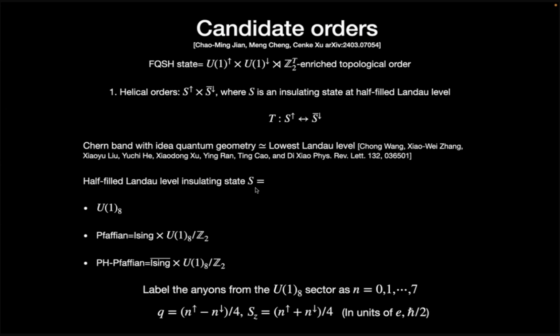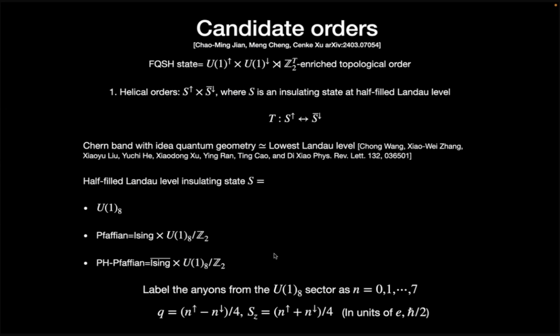So the candidate state for S, basically for the spin up degrees of freedom, can be any one of the following. It can be U1 level 8, or it can be the Pfaffian state, which is Ising times U1 level 8 over Z2. I will talk a little bit more about this over Z2 operation later. It can also be the particle-hole Pfaffian, which is Ising bar, the time reversal conjugate of Ising, times U1 level 8 over Z2. As you can see, for all these candidate orders, the spin up part, that is the S state here, always has this U1 level 8 sector.